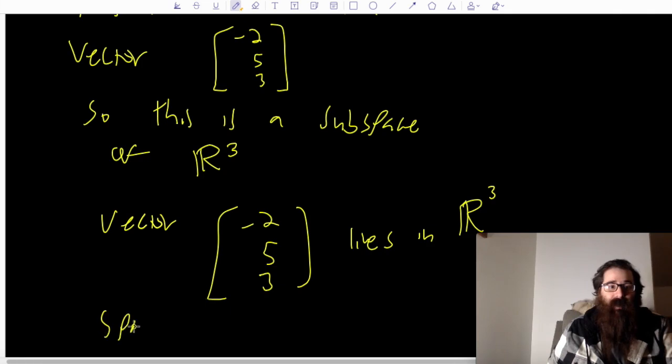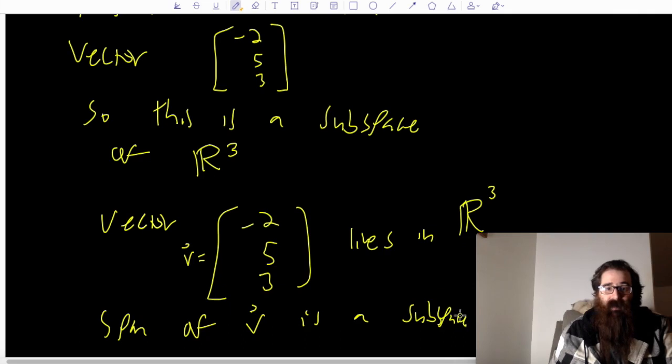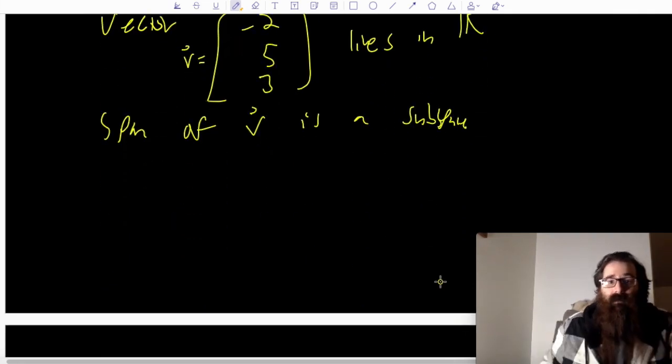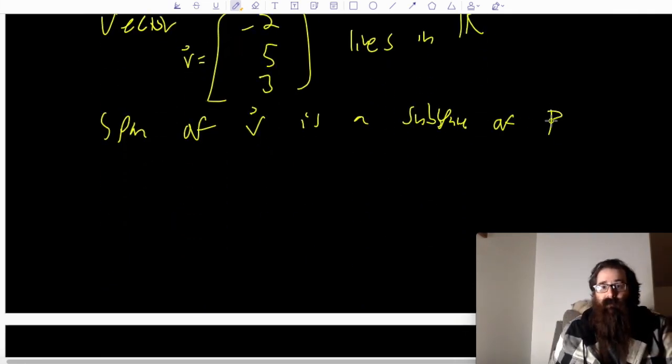So then the span, we call this vector v, so then the span of this vector v is a subspace of vector space R3. And if you want to get very specific, you'd say that this is a one-dimensional subspace of R3. It generates a line in R3 through the 0 vector and this vector.